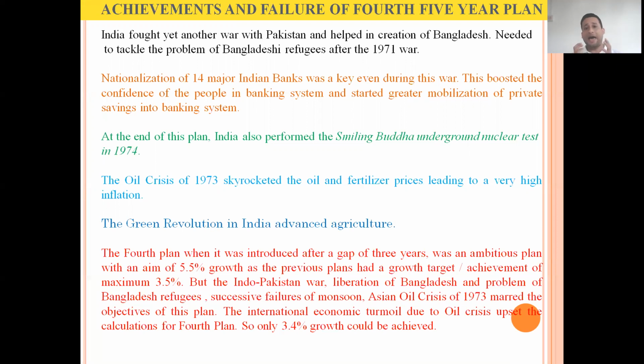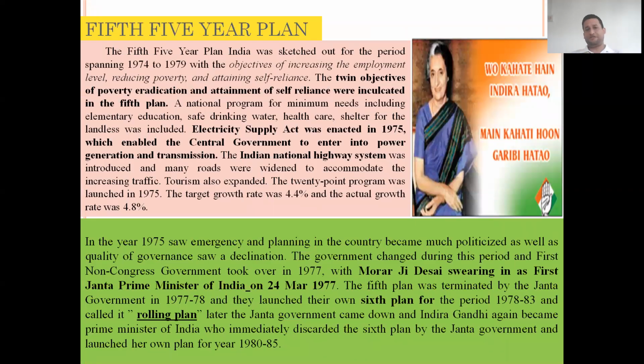However, it had some achievements too. It had initiated good steps during the 4-5 year plan. So discussion of the 4-5 year plan is very important. Next, I'm going to concentrate on the 5th 5 year plan.